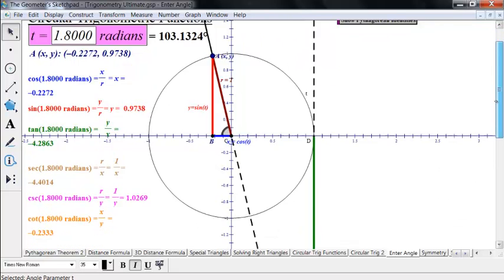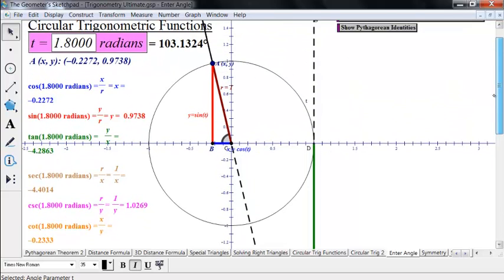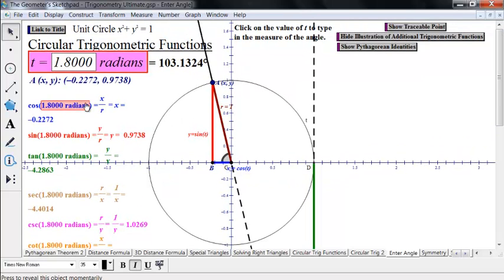It's running off the screen down here where it hits way down here. But again, that's going to be a negative tangent. It's the opposite of that green length. So there's another way to see the tangent as well. So now we have some visual ways of seeing the sine, cosine, tangent, secant, cosecant, cotangent, all 6 ways, and we saw 2 different ways to see the tangent.